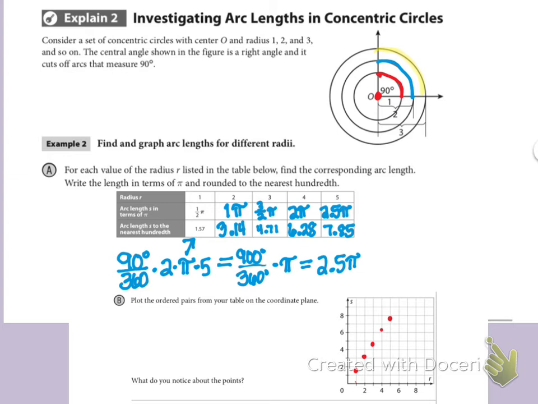And I don't know, it looks to me almost like these lie on a line. Because if the radius was 0, if I had actually plugged in 0 as a radius, which doesn't really make sense, but if I had, I would have gotten 0. So just kind of thinking about connecting these, yeah, they definitely look like they lie on a line. So that's what I noticed. It looks like it's linear.